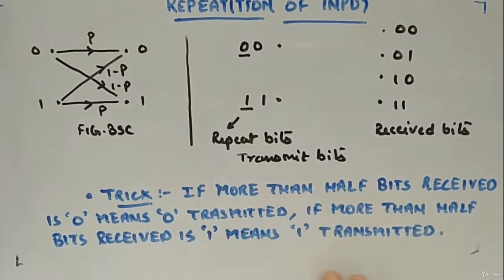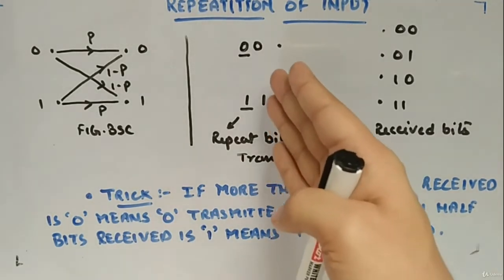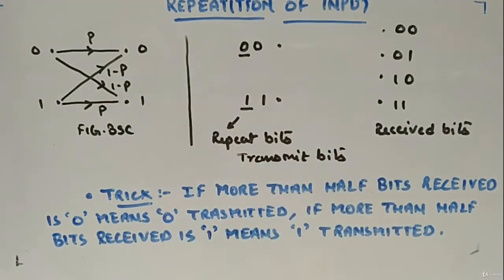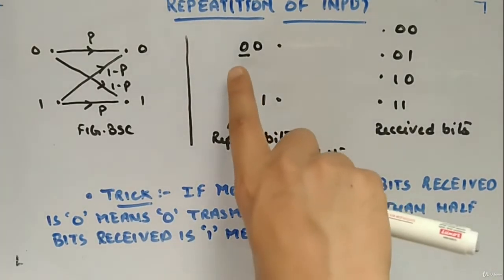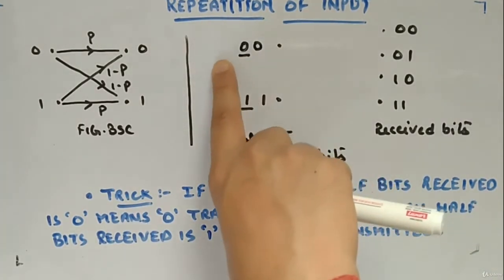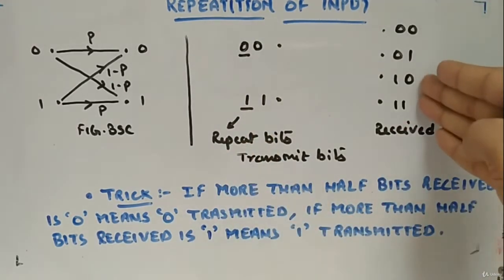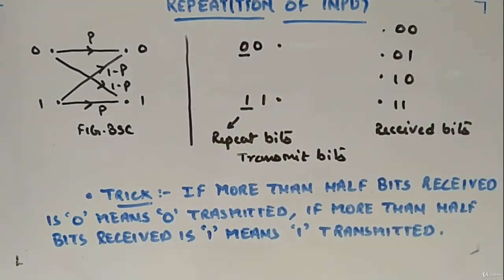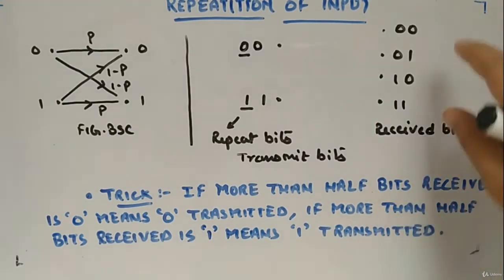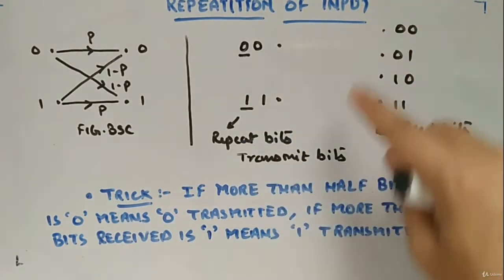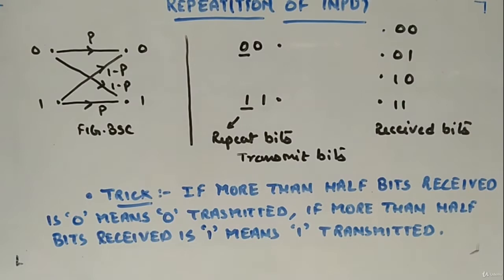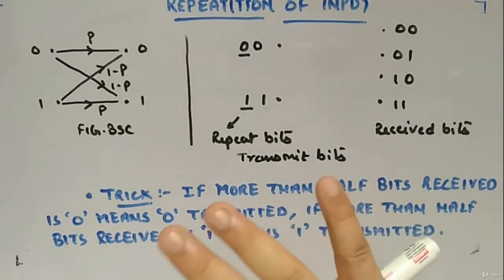This is the trick we will be following all the time. Obviously you can increase the number of repetitions as well. Instead of sending 2 zeros, you can send 3 zeros or 3 ones, and then you will have 8 combinations. We will see that, but first we will calculate the channel capacity for this scenario and how it will look.